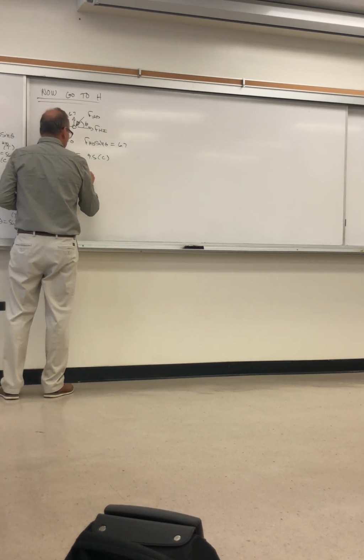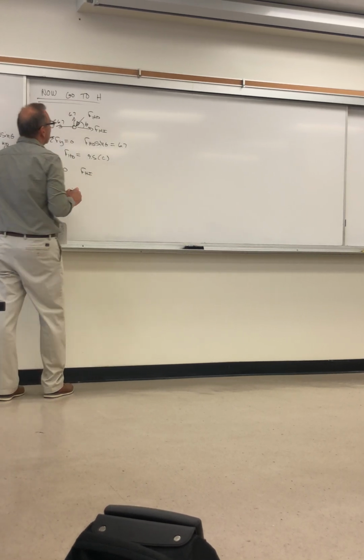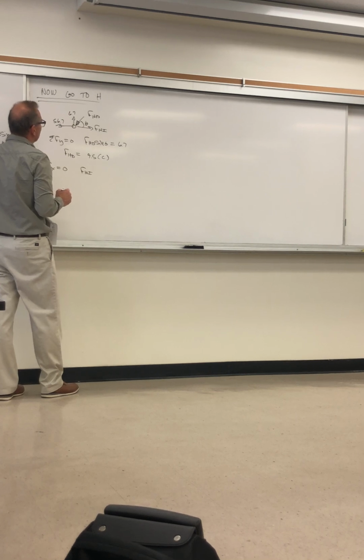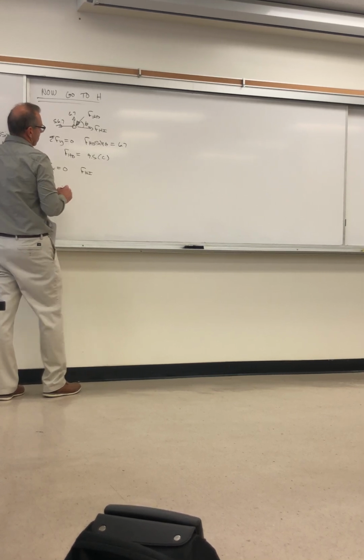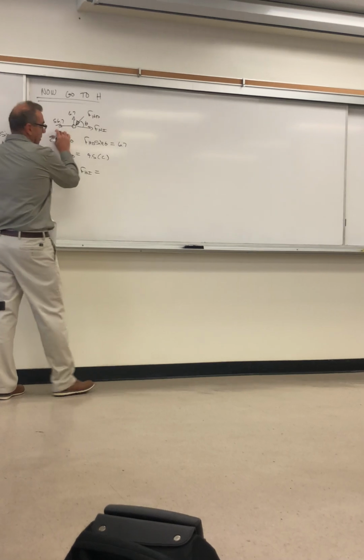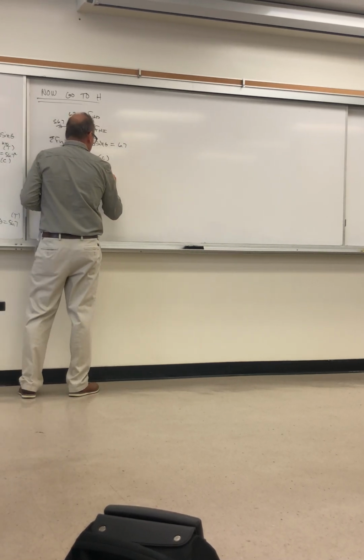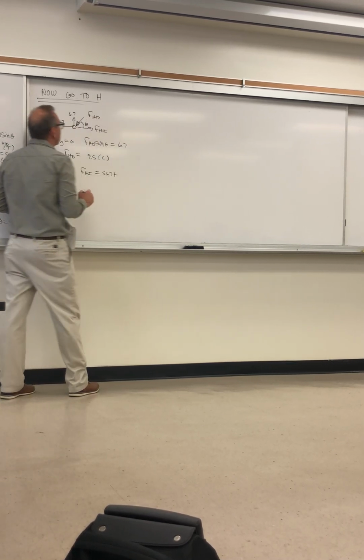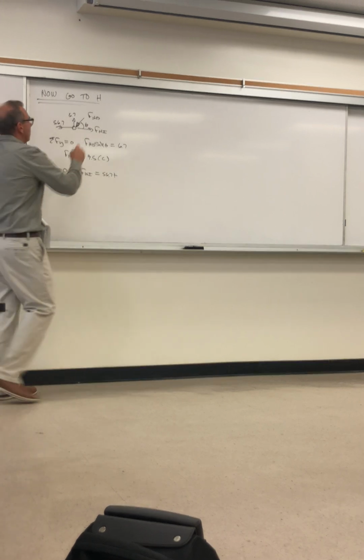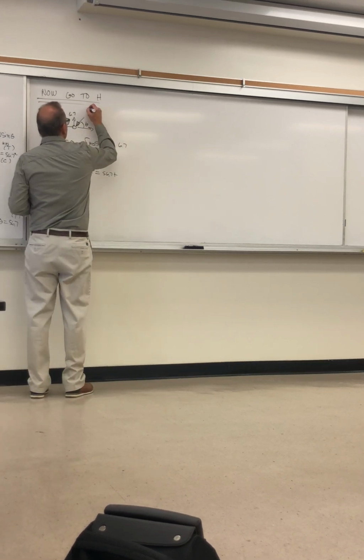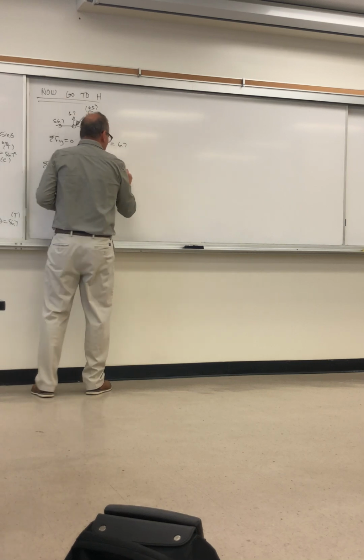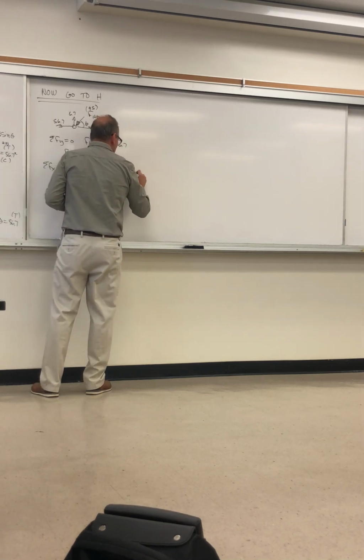Summation of forces in the X is 0. I have F of HI to the right equals 56.7 plus this F of HD, which now we know is a compression force of 9.5, so plus 9.5 times the cosine.